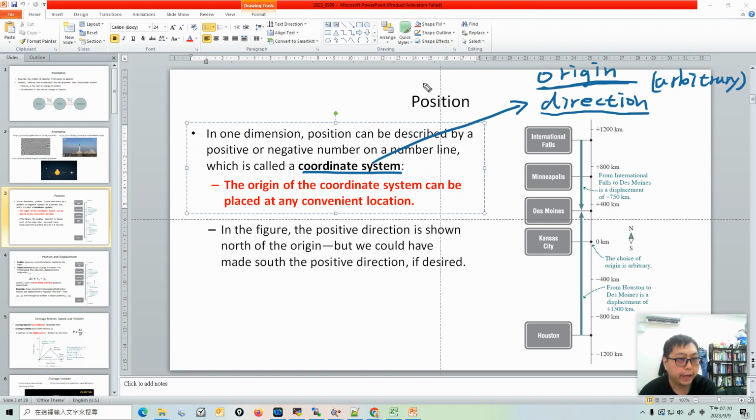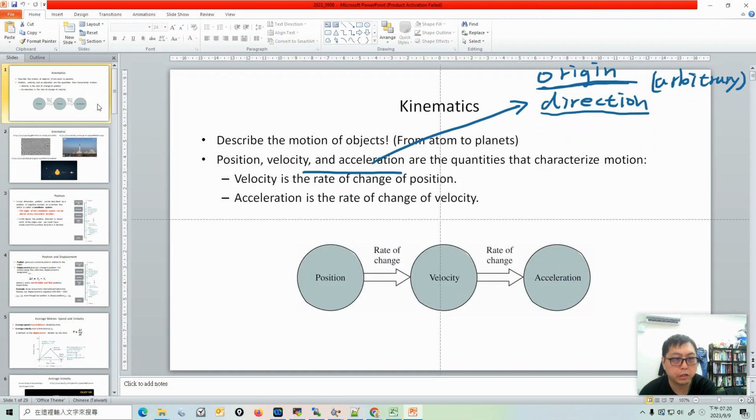Most general physics courses discuss 1D and 2D kinematics. For 3D kinematics, I believe most general physics won't talk about it because that would be too many calculations.